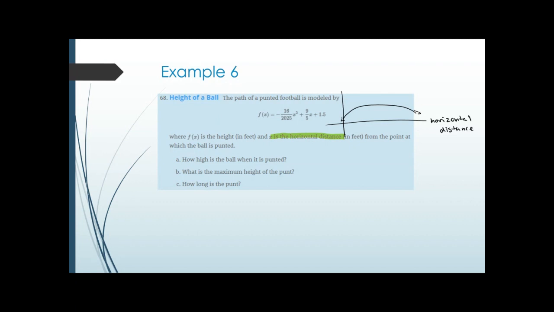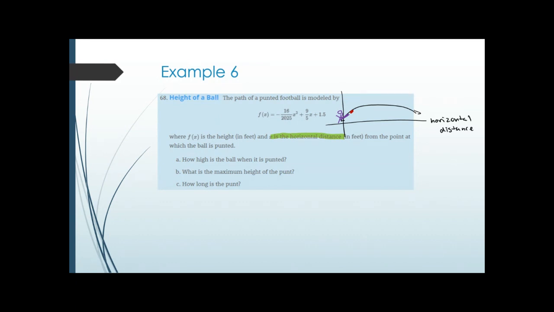And actually, I could draw a really bad football there. And we've got a person kicking. That's supposed to be the leg kicking the football there. A really bad drawing, but they're punting the football, and then it's going to travel a parabola, basically.